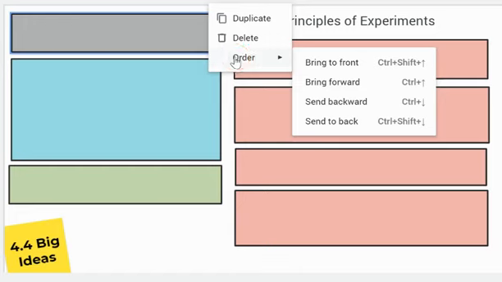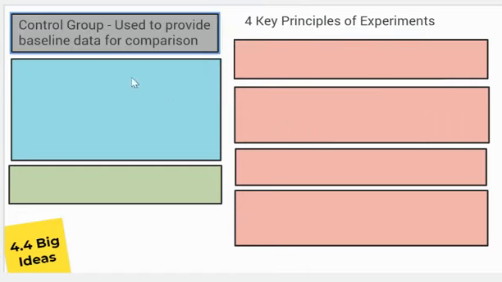And we're going to look at our first vocab word, which is a control group. So a control group is used to provide baseline data to make comparisons. So a control group is not necessarily needed for an experiment, but if you want to have a group to make a comparison to, then you should create a control group that really does not receive any kind of treatment.